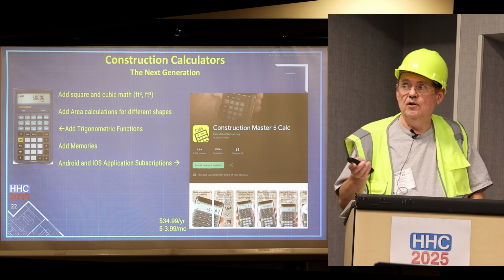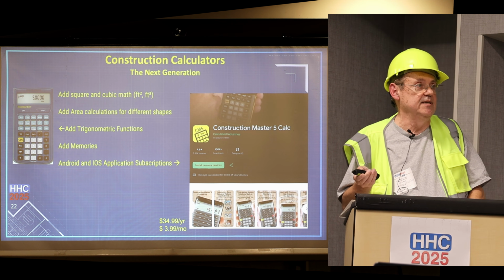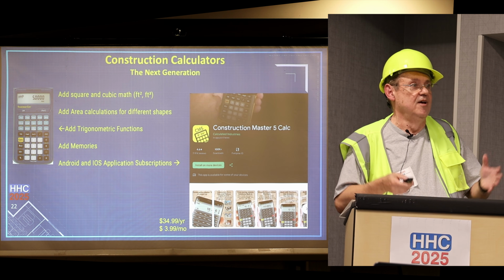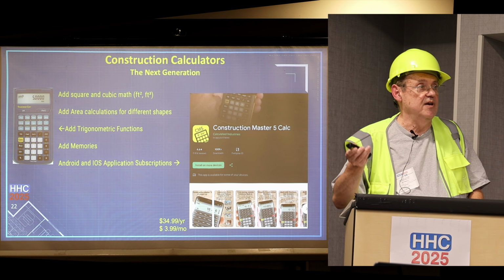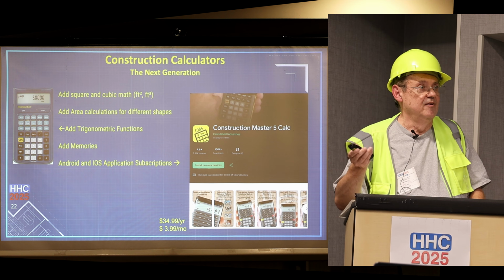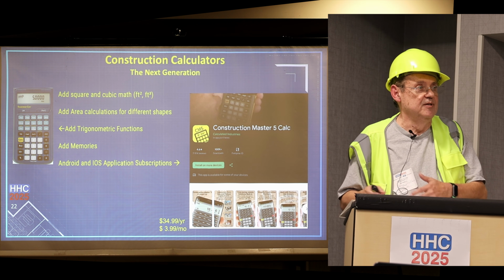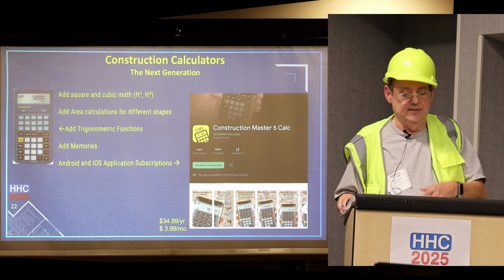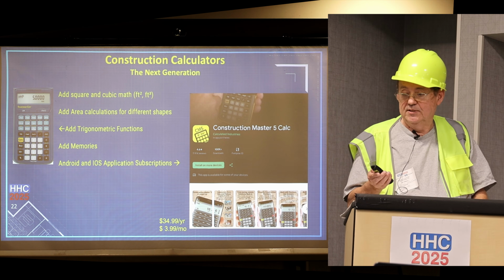Clearly, why this business model makes sense is they're selling to construction companies and whatnot. They offer update services. They offer support, online and phone support for people that have that app. So it makes a certain amount of sense for folks in that business.